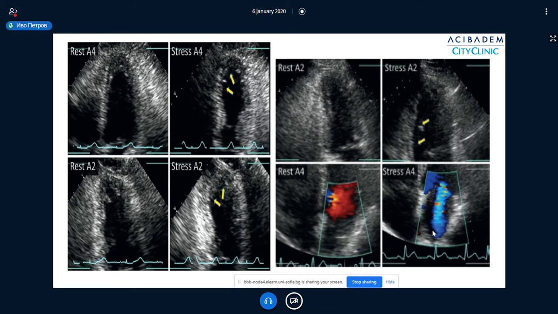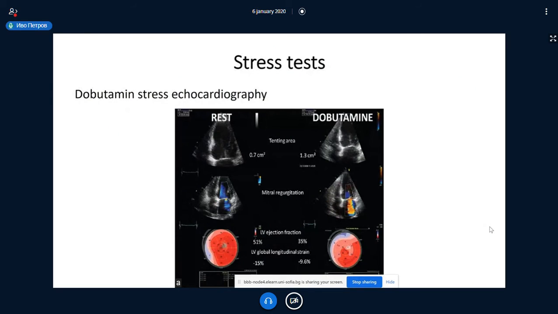In ischemia, the papillary muscles of the left ventricle move slower and less, and this causes the mitral leaflets not to coapt very well and to have mitral regurgitation during the stress test.